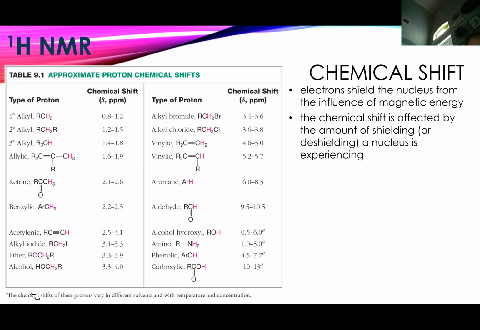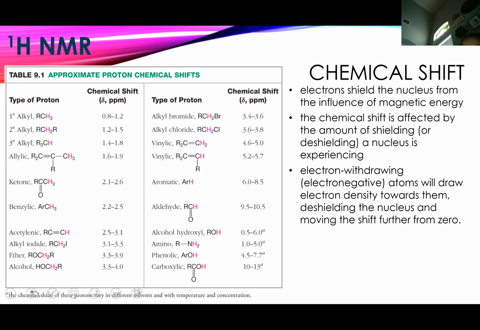De-shielding occurs when you have an electronegative atom that pulls the electron density towards it. So electron withdrawing atoms will draw electron density towards them, which de-shields the nucleus and moves the shift further from zero.